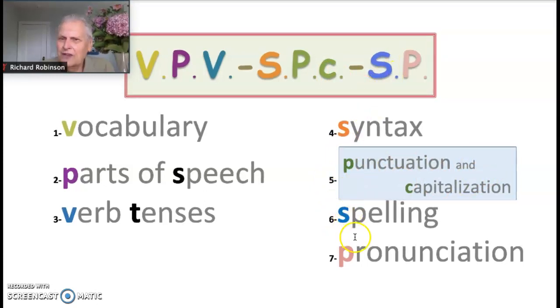This blue S is spelling, and this pink P is pronunciation. VPV, SP, SP. But don't forget the small c after this P.